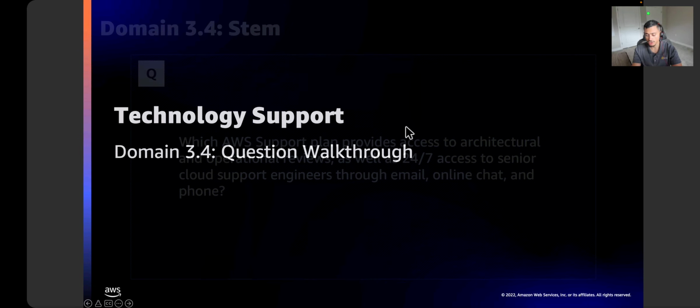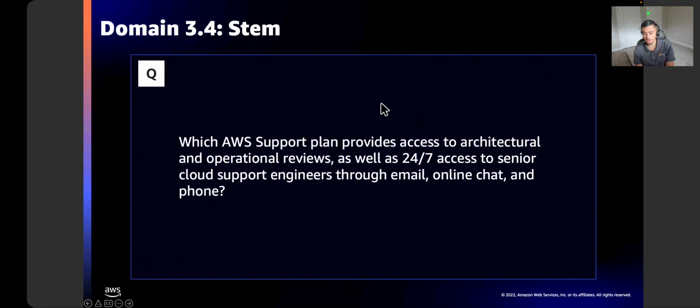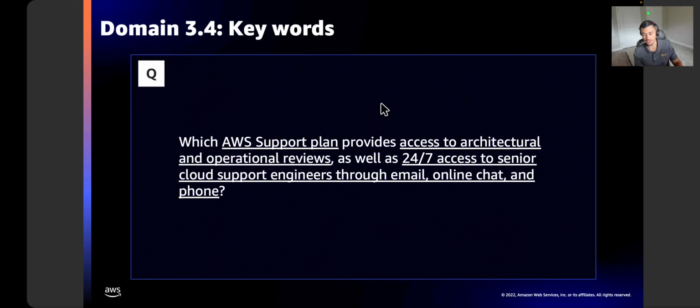So let's go through a question on support. Which AWS support plan provides access to architectural and operational reviews, as well as 24/7 access to senior cloud support engineers through email, online chat, and phone, right? So again, we're looking for the AWS support plan.